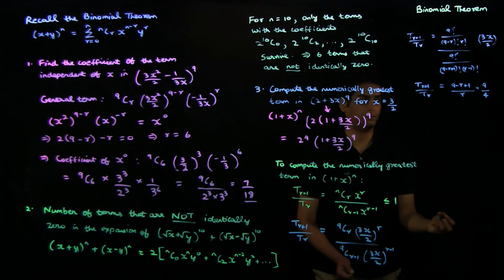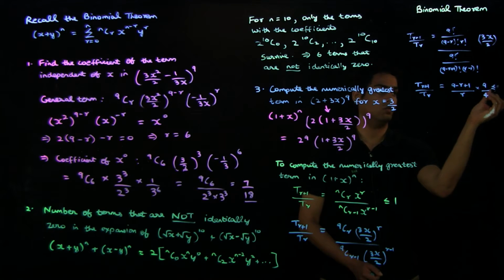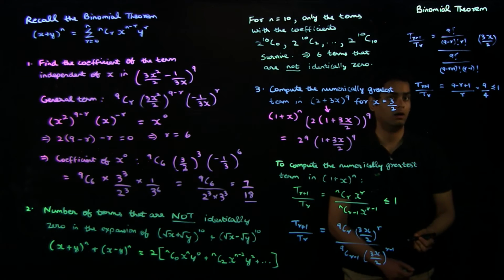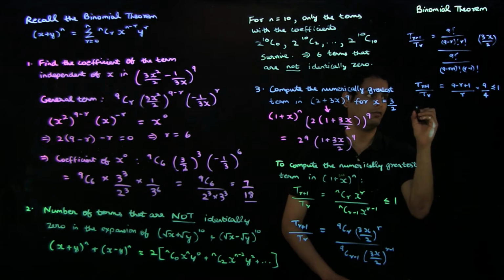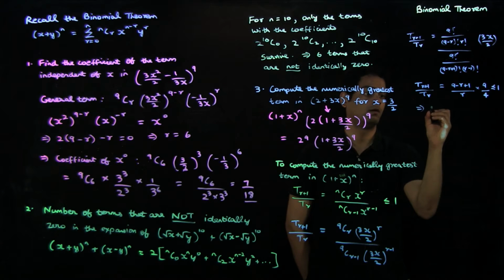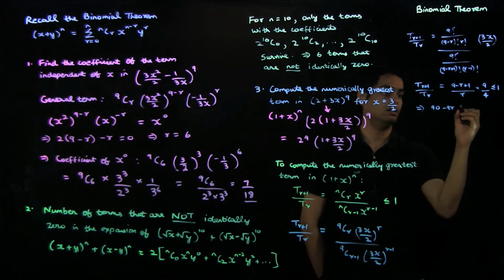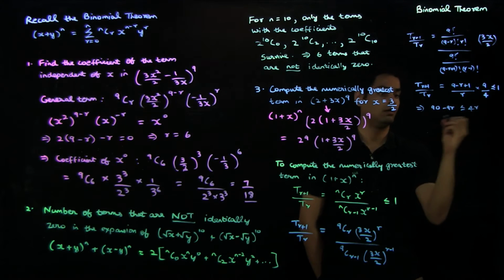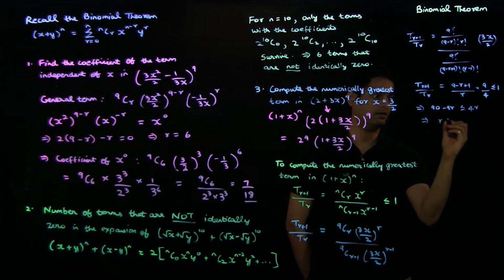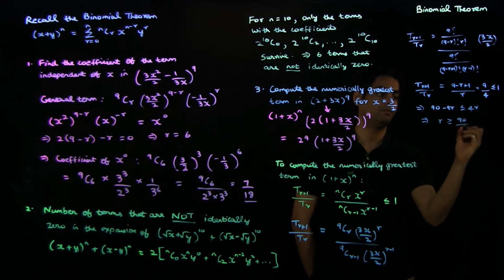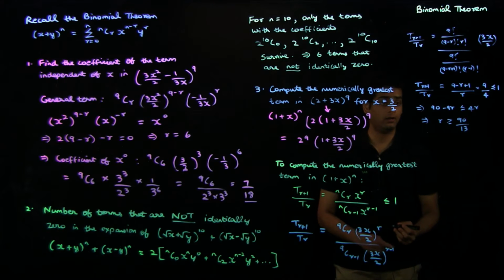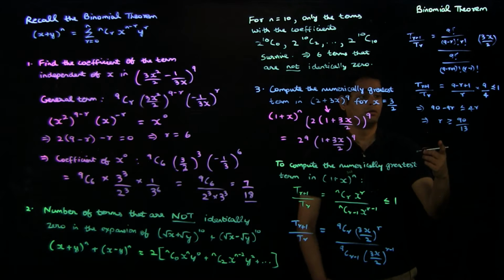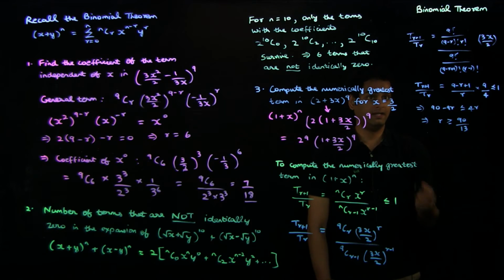So you want to suppose that this is less than or equal to 1 to find the r which corresponds to the numerically greatest term, and so this will give you 90 minus 9r is less than or equal to 4r, which gives you r is greater than or equal to 90 by 13, if I've done my calculations correctly. So notice that r is not an integer.